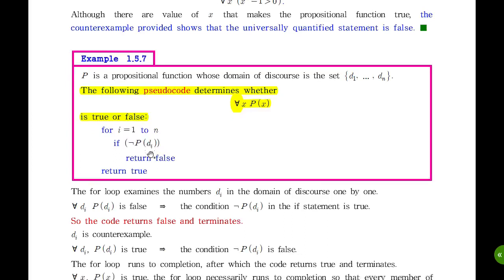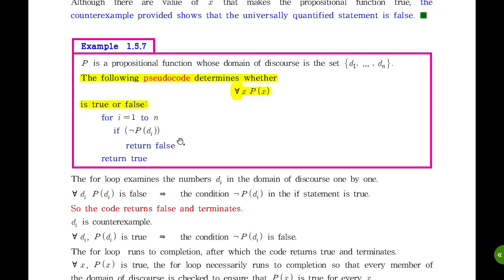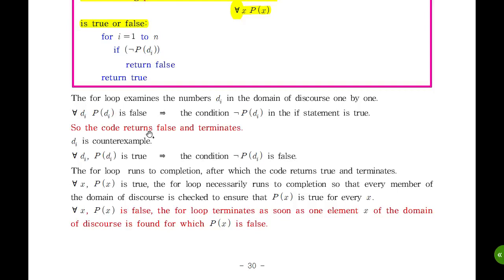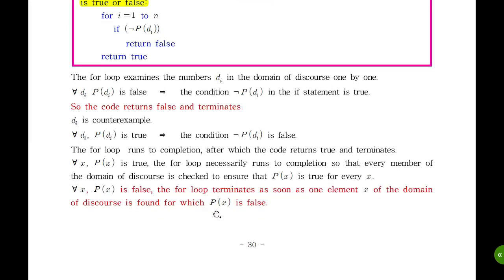With this code, we can easily make a Python program to check whether the given universally quantified statement is true or false. And this algorithm is explained here.